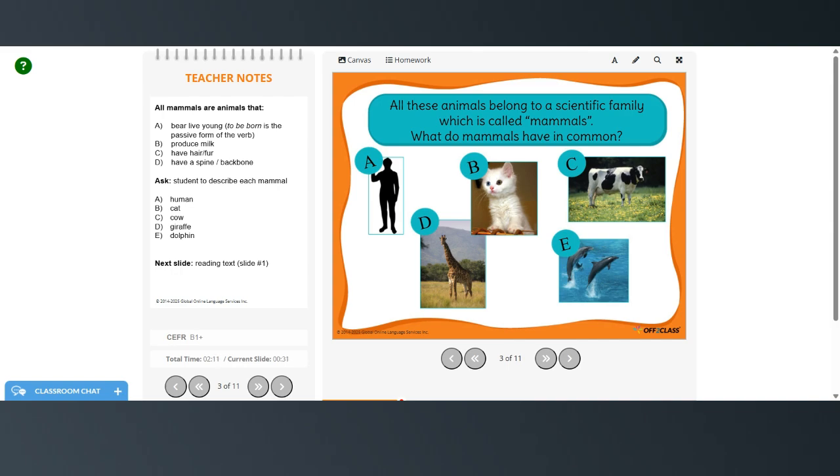They produce milk, they have hair or fur, and they have a spine or a backbone. And these are examples of mammals: humans, cats, cows, giraffes, and dolphins. Not really sure that dolphins meet the criteria of having hair or fur, but they do meet all of the other criteria.